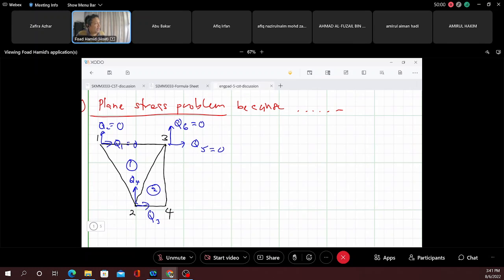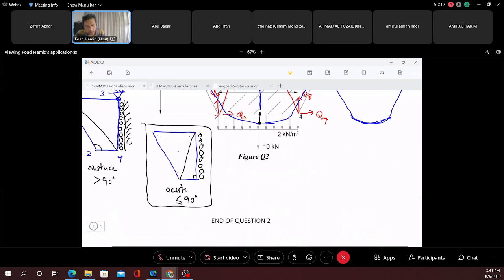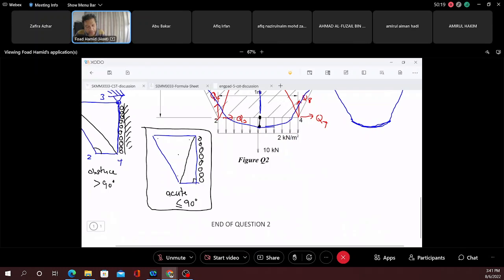And we have Q7 and Q8. Note that for Q7, we have a boundary condition. What is the boundary condition for Q7? Roller. Okay, roller. So at this point, it is supported by a roller, but can it move to the right-hand side?